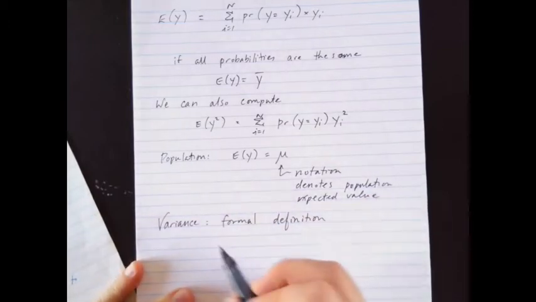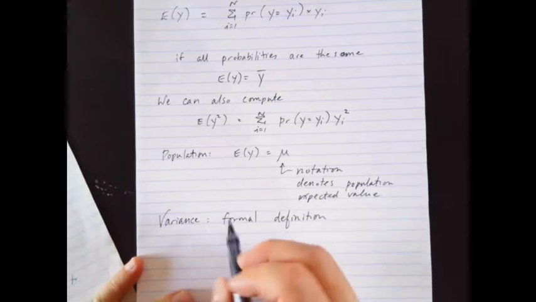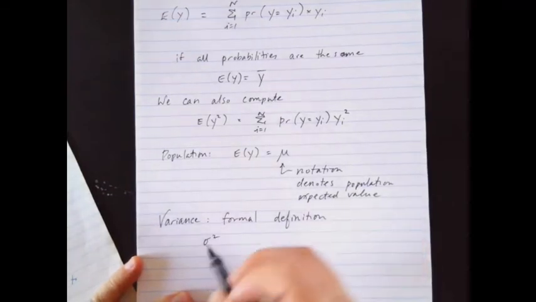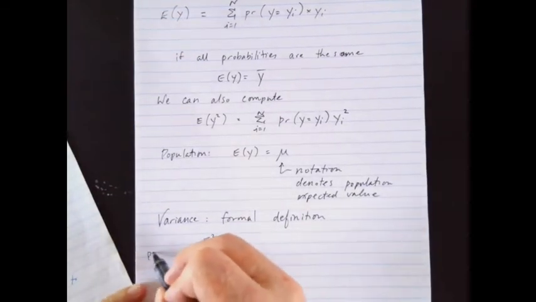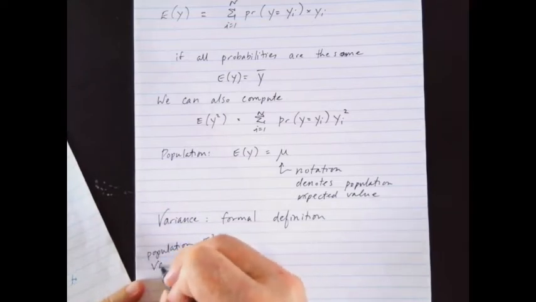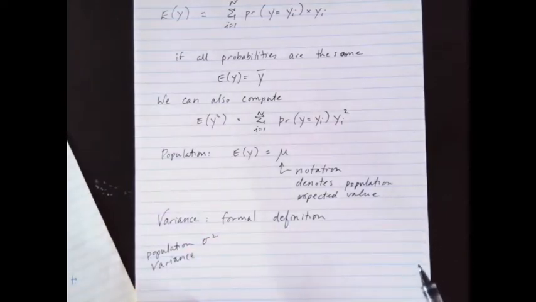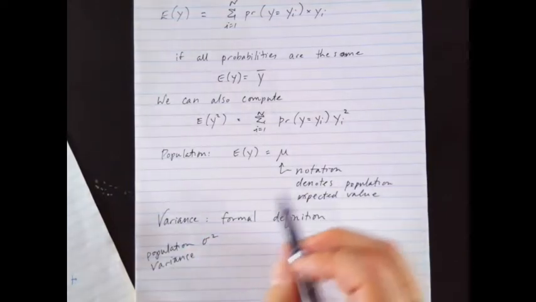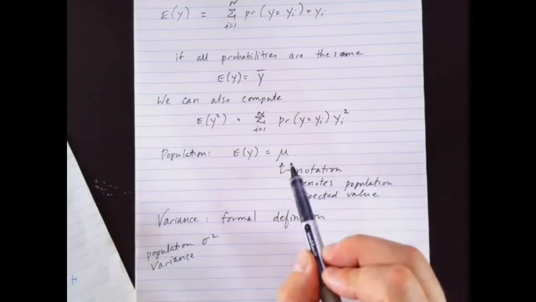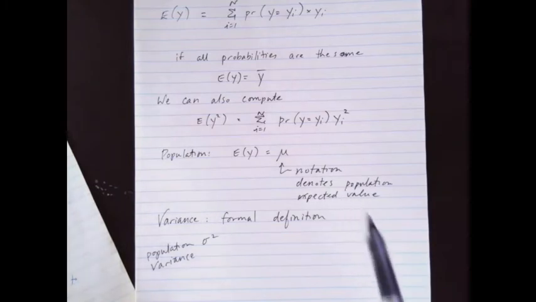So for the population variance, instead of using s squared, we will use sigma squared. Just like mu is the Greek letter for m, it's kind of like the population mean.